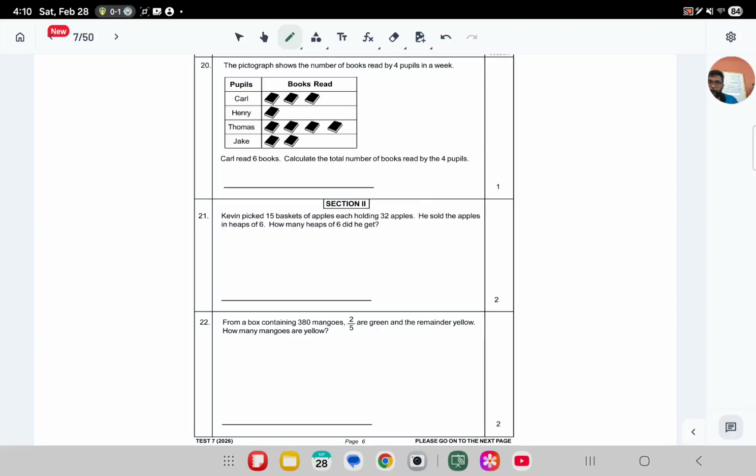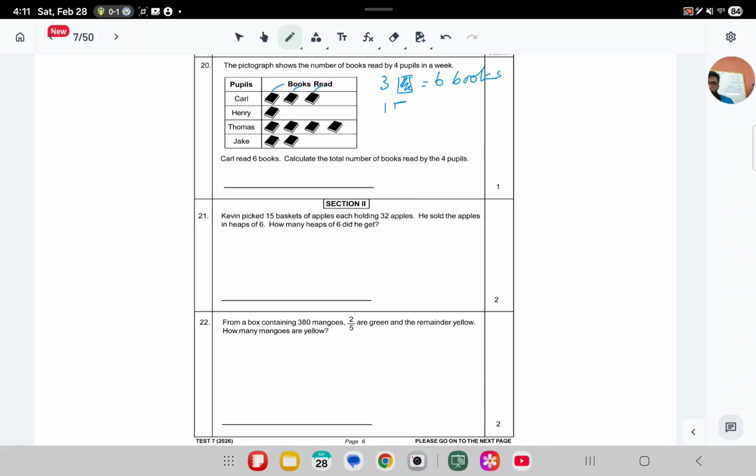Number 20. The pictograph shows the number of books read by 4 pupils in a week. Carl read 6 books. Calculate the total number of books read by the 4 pupils. So if we know Carl read 6 books, and that is represented by 1, 2, 3 pictures here, so 3 of the graphics is equal to 6 books.